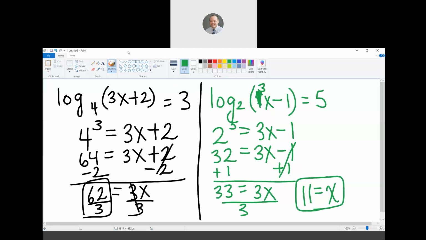While we're discussing logarithmic equations, let's go over some properties of logs.